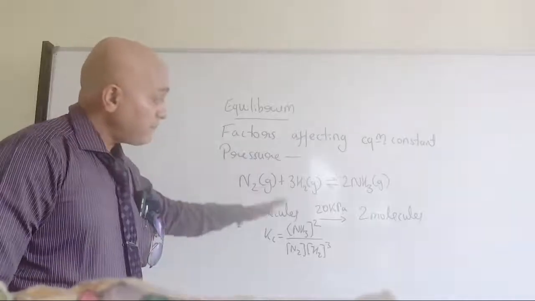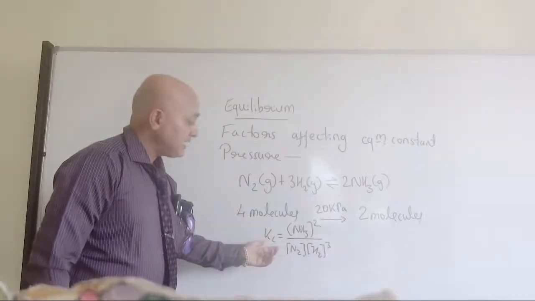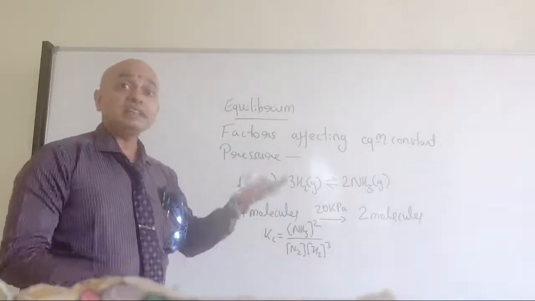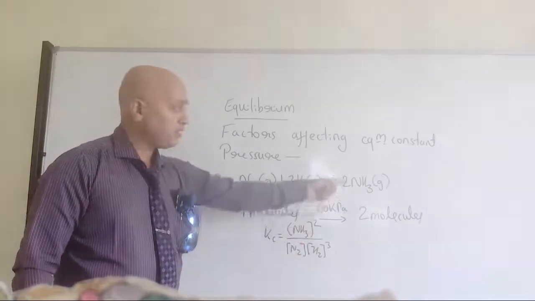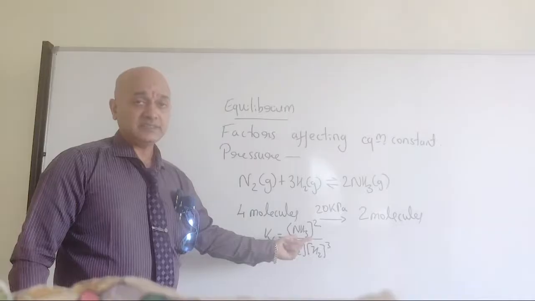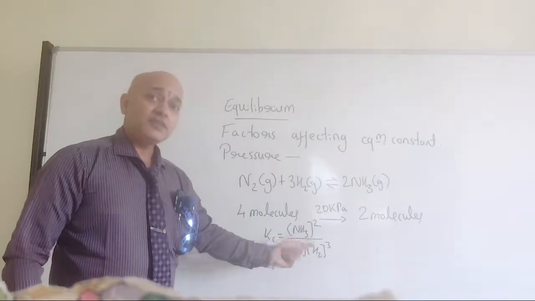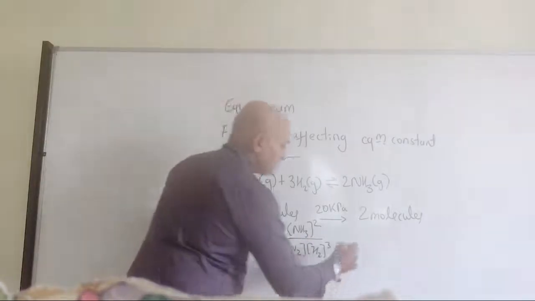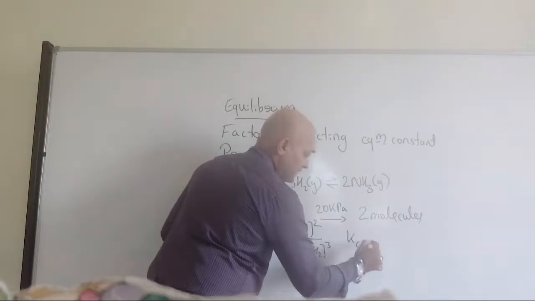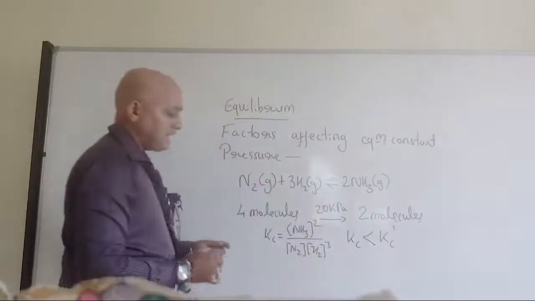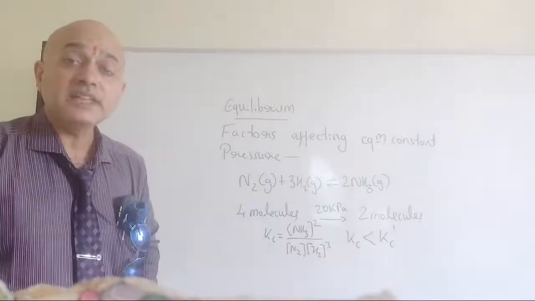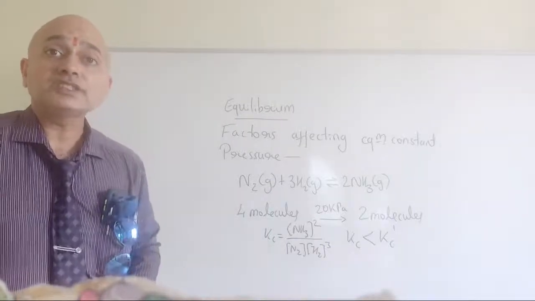Now when I apply pressure, the Kc value is going to increase because the numerator value, the product, is going to increase. Fine? So before applying the pressure, Kc will be something, but after applying the pressure, the Kc value will be greater than the earlier equilibrium constant value.